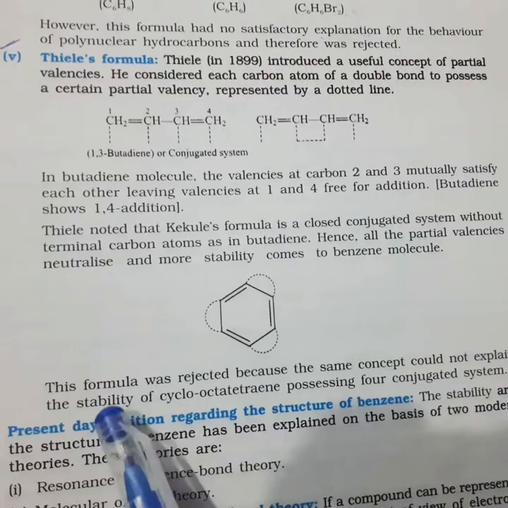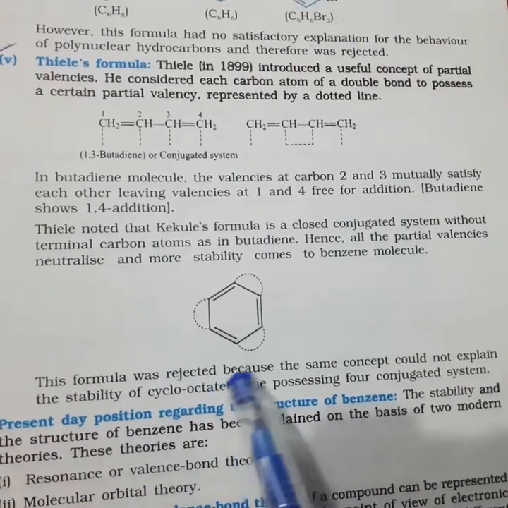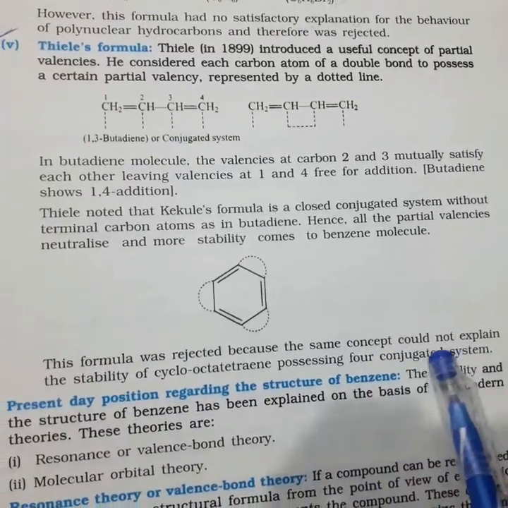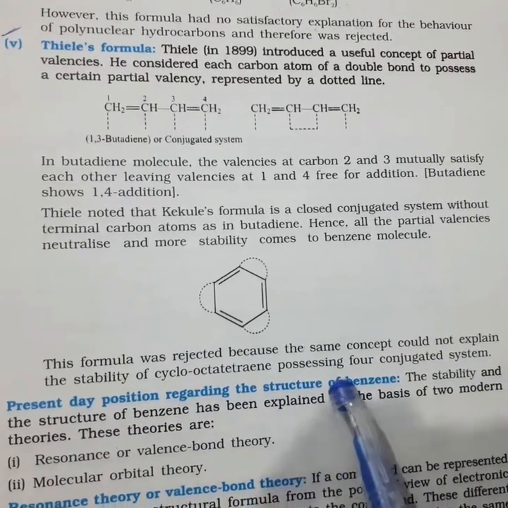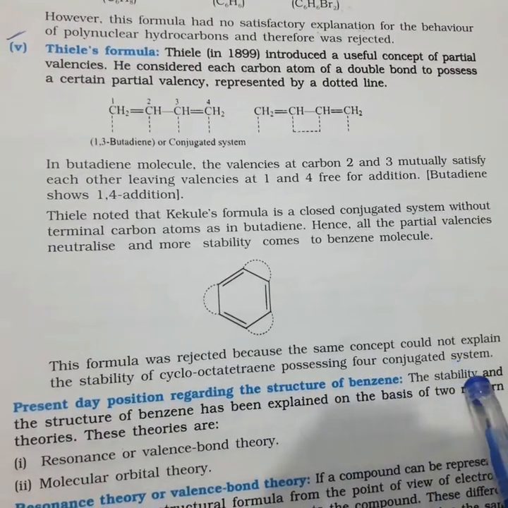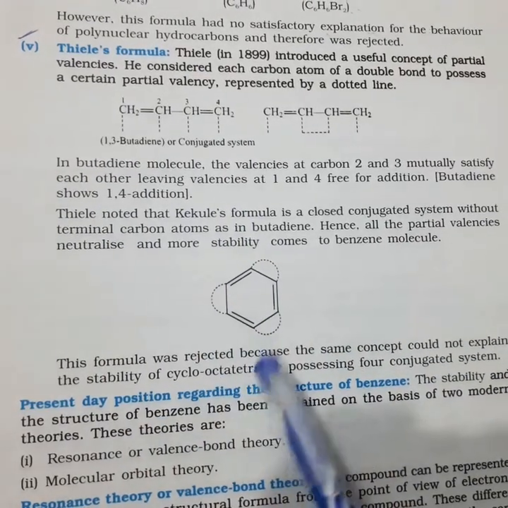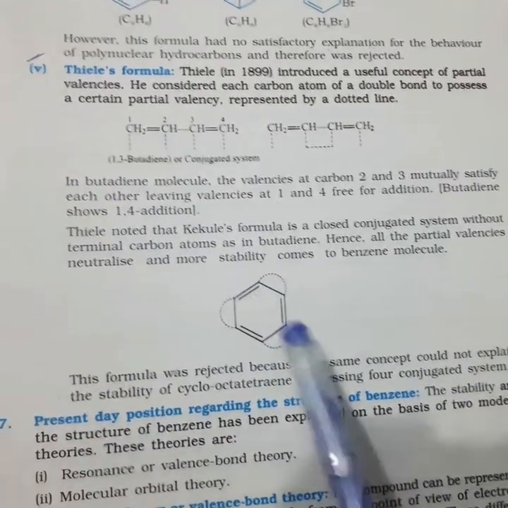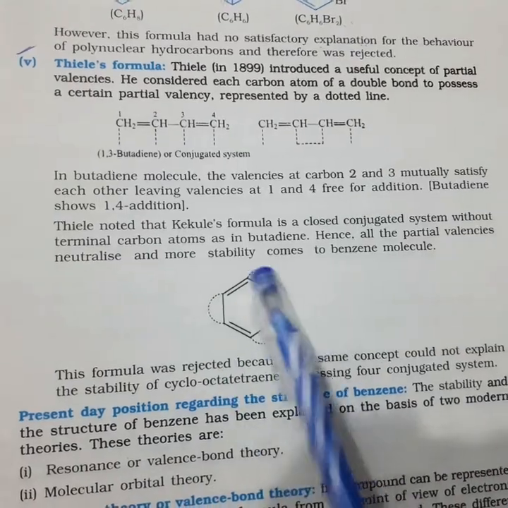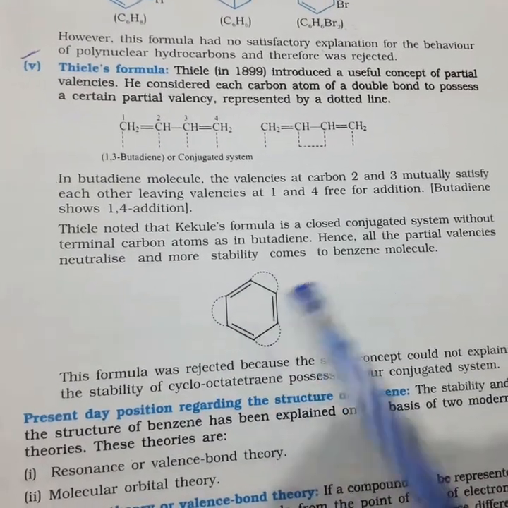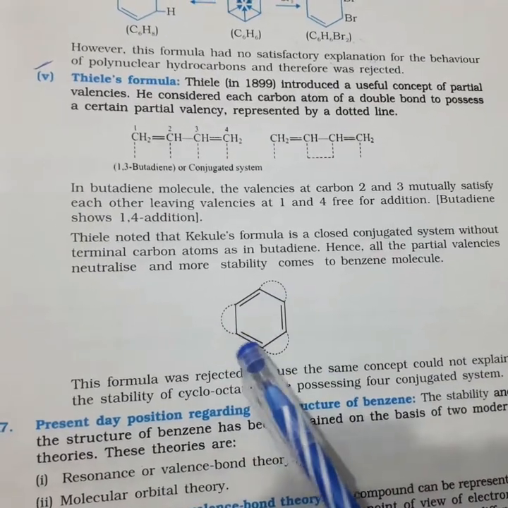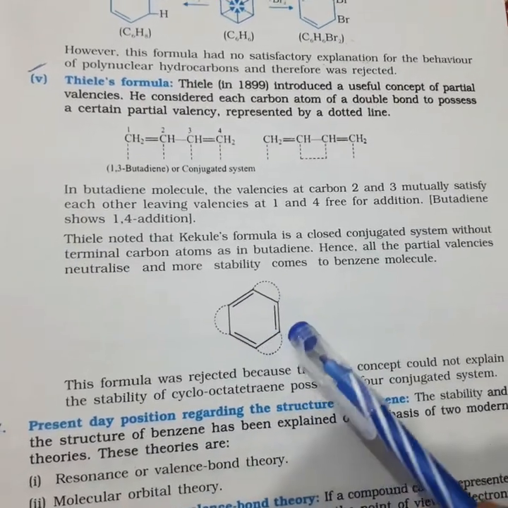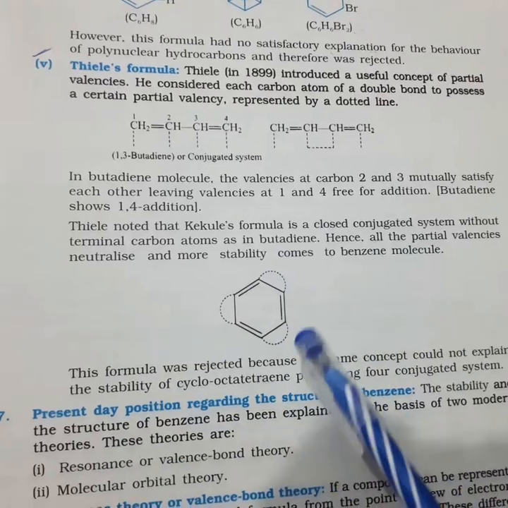Next, this formula was rejected because the same concept could not explain the stability of cyclooctatetraene possessing 4 conjugated double bonds. Why? He is telling that Kekule's form is more stable because partial valencies are mutually satisfying each other.